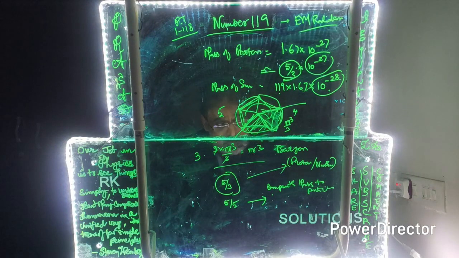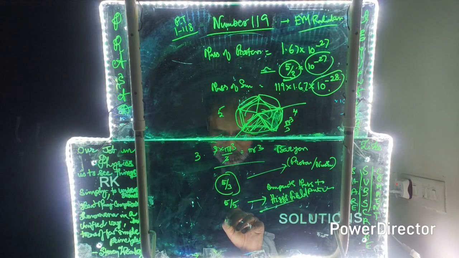What imparts mass to particles is the Higgs boson. So this is the Higgs field. Then similarly we can have 5 by 4, 5 by 2, 5 by 1.